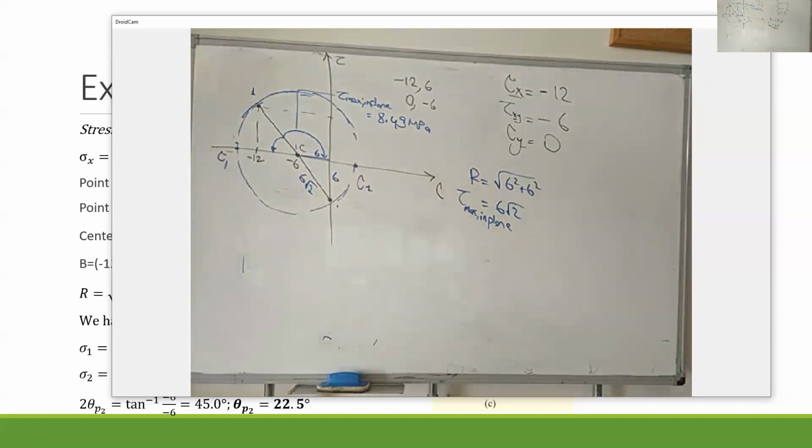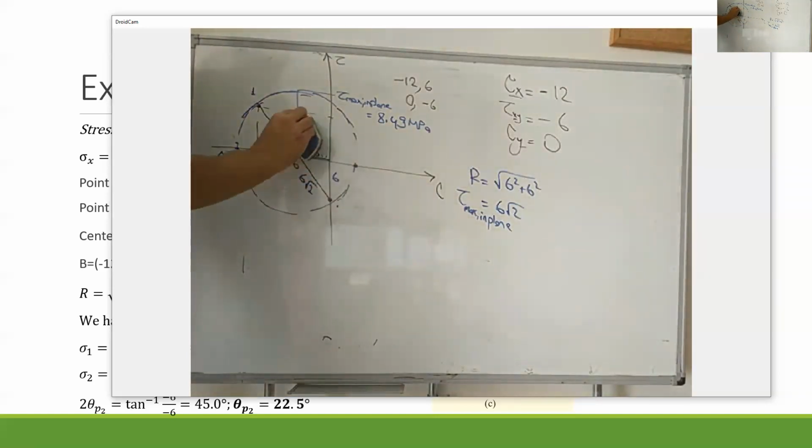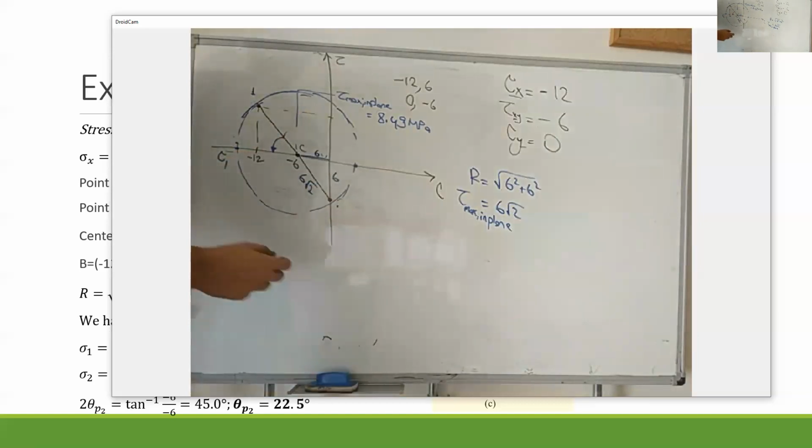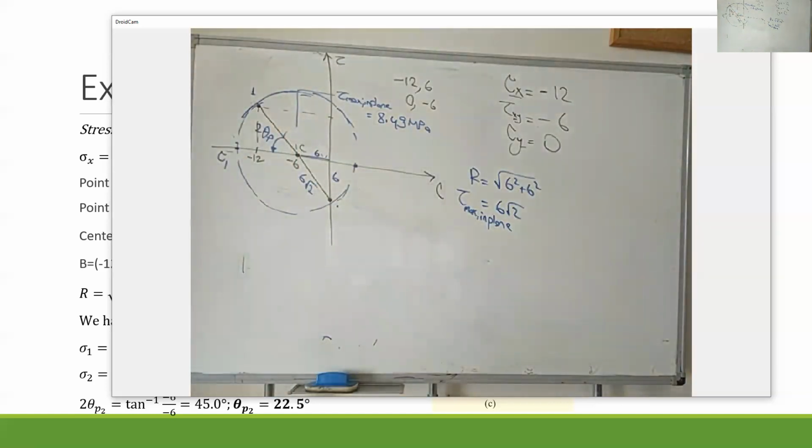Which one do you prefer? It's up to you. I don't want to handle big angles. This angle is the orientation angle, so 2 theta p is here. So this angle for me is the orientation angle.